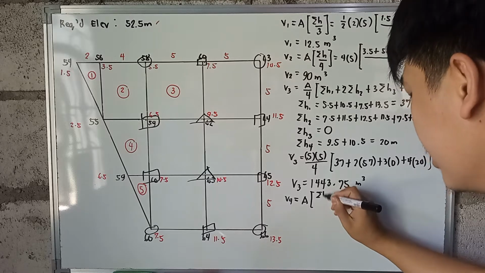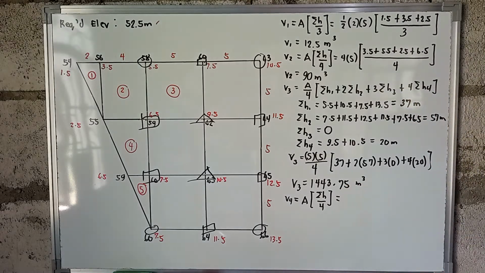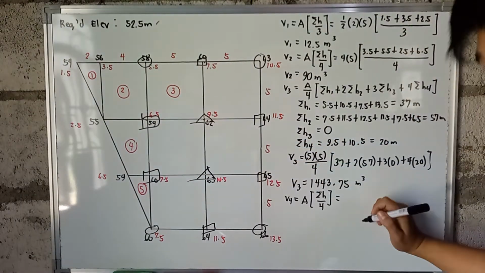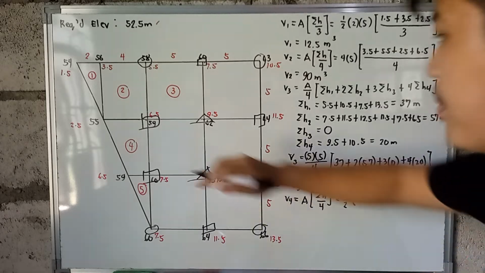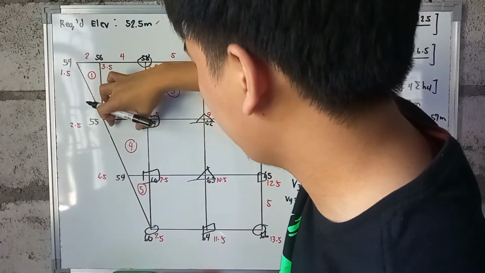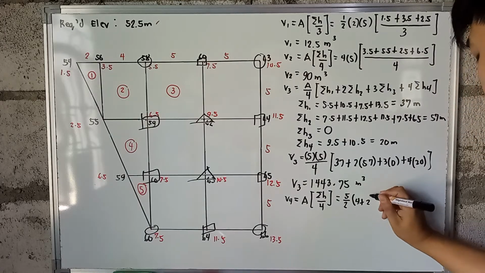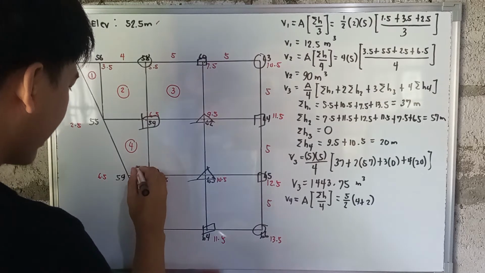Yung average ng height nila. So anong area natin? It is a trapezoid. So, yung height niya is 5, diba? 5 over 2 multiplied by yung mga bases niya, yung sum 4 plus 2. So, yung value nito is 2. Sabihin natin x yan.